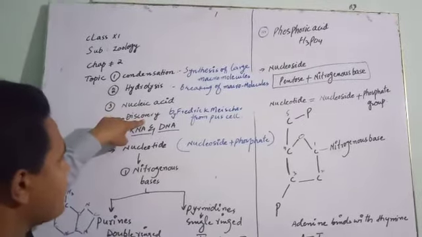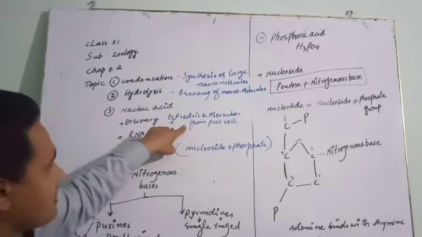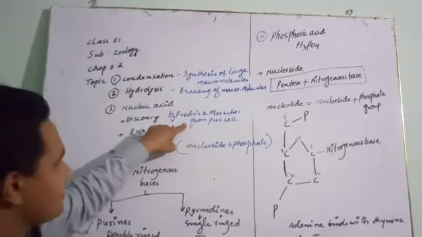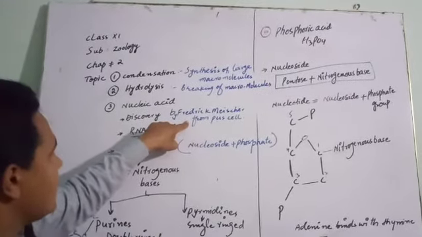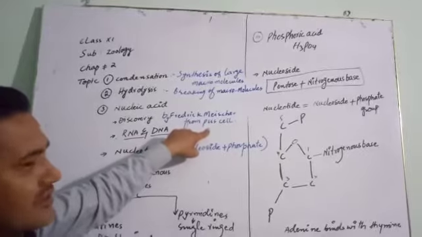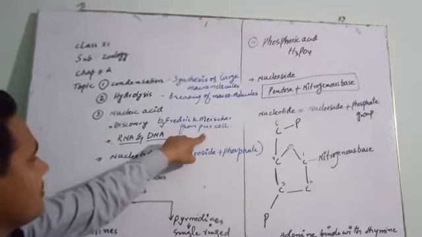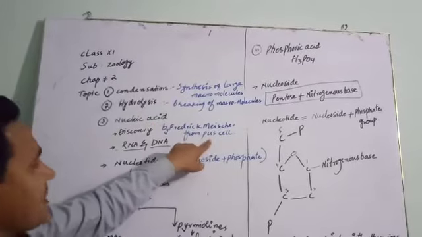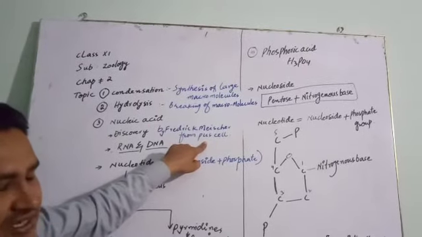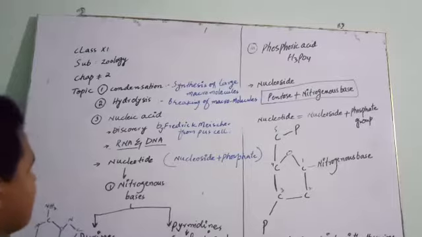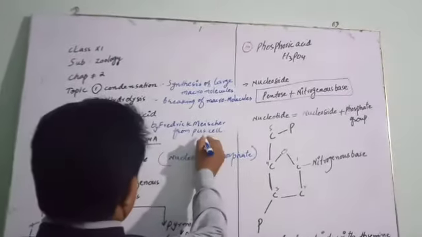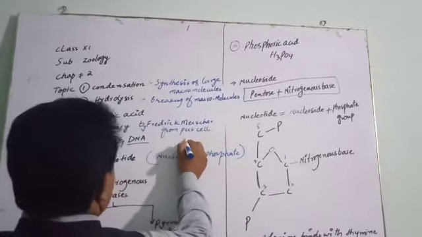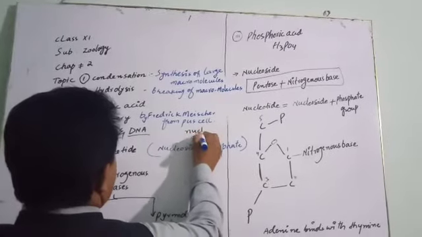Discovery of the nucleic acid: nucleic acid was discovered first of all by a Swiss biologist whose name was Friedrich Miescher. He discovered the nucleic acid from the pus cell. He isolated a substance called nuclein.